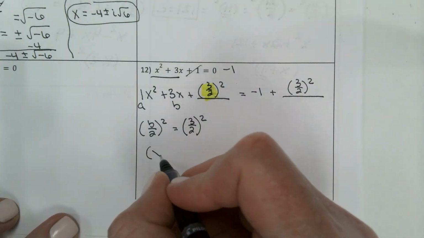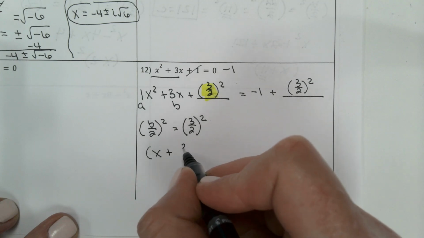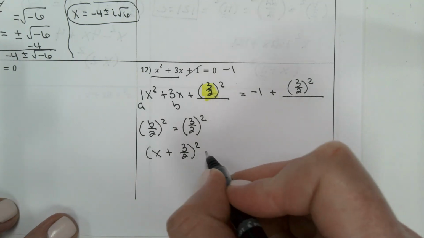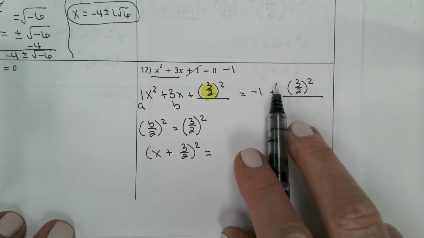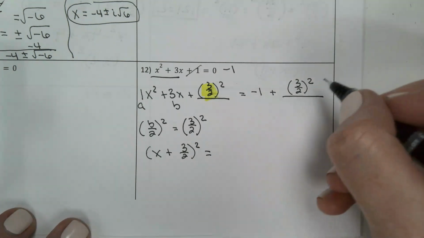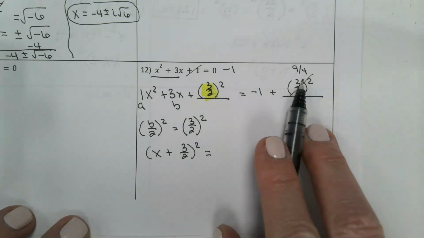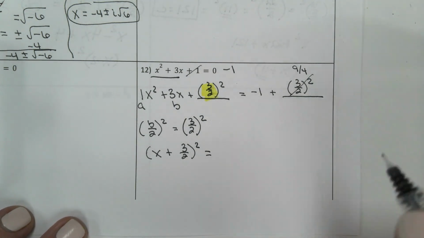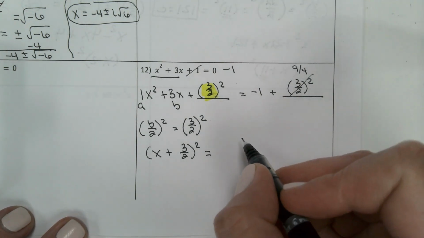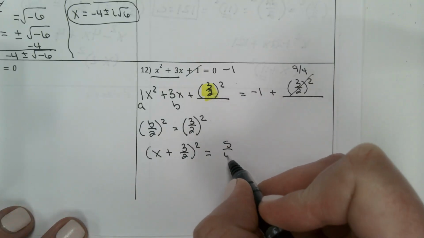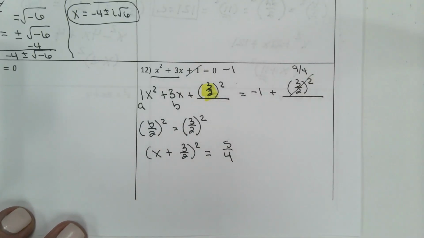This left side factors as x plus 3/2 squared equals, and 3/2 squared is 9/4. Negative 1 plus 9/4 equals 5/4.